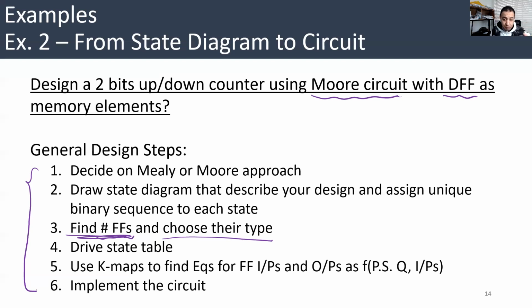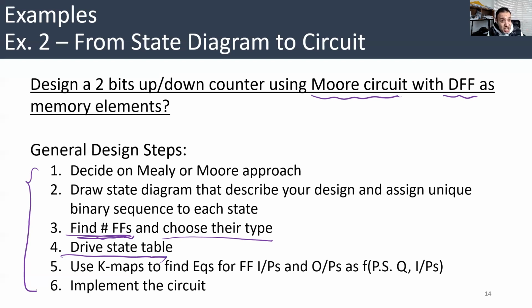Based on the state diagram, we derive the state table, and that state table is just like a truth table. Out of it, we get Karnaugh maps and find the equations that relate the inputs of the flip-flops to the current state and the input or inputs. You might have many inputs, X, Y, and also the output as a function of the current state and the input if it's a Mealy circuit, or the output as a function of the current state if it's a Moore circuit.